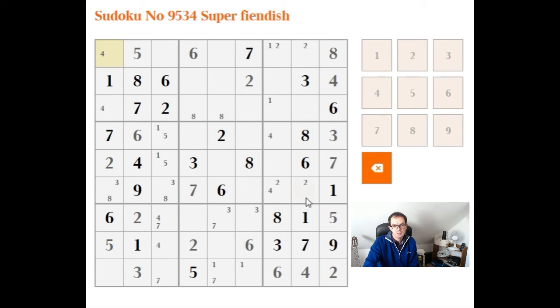Similarly, this 9 checks this position, so we can lock a 9 into one of these two positions, and therefore one of these two positions too. And so into one of these two positions.